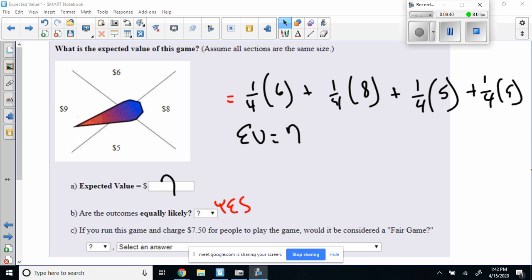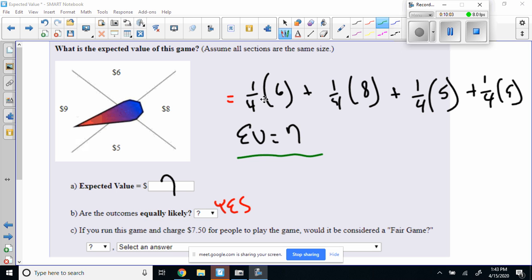That's where the 1 out of 4 came from. Now, that's the probability of hitting a 6, an 8, a 5, and a 9. When you do that, I got an expected value of 7 on my example, right?